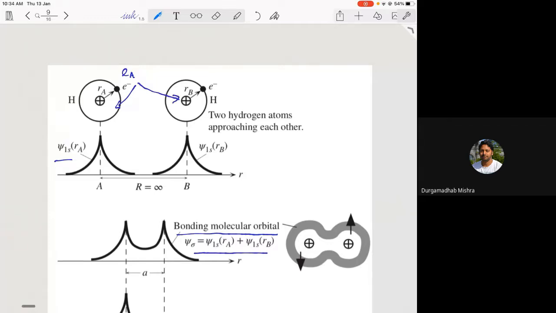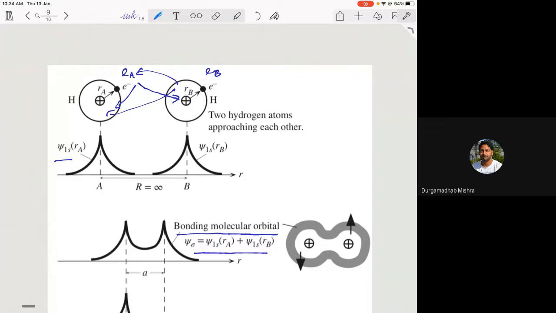It will also feel the repulsion from the second electron. Similarly, the electron associated with B will interact with the nucleus here, and with the electron here.